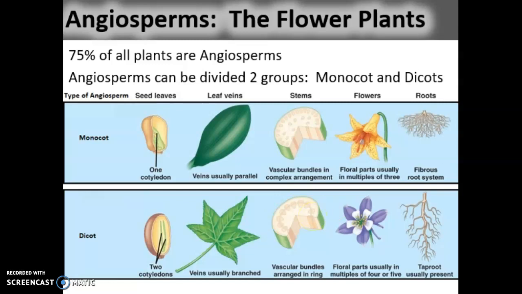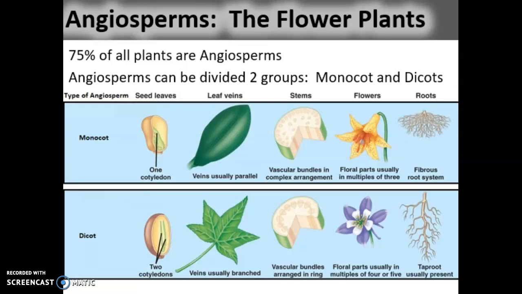If you're looking at flowers, you basically want to count the petals. If it's a monocot, the flower petals will always appear in multiples of 3. So 3, 6, 9 would be your monocot flowers. In dicots, the flower petals exist in multiples of 4 or 5.